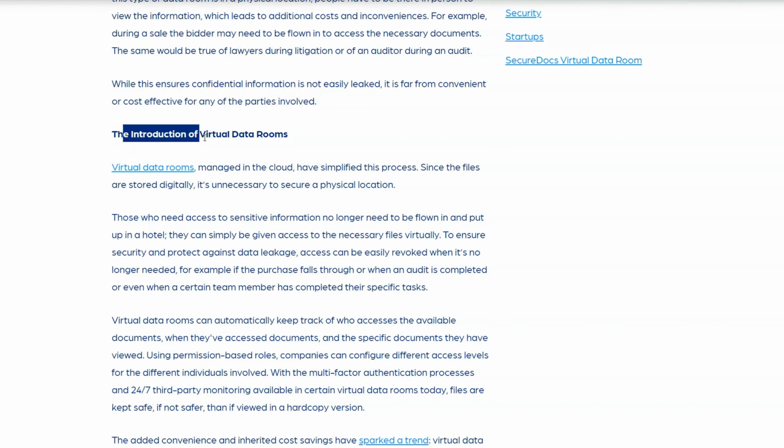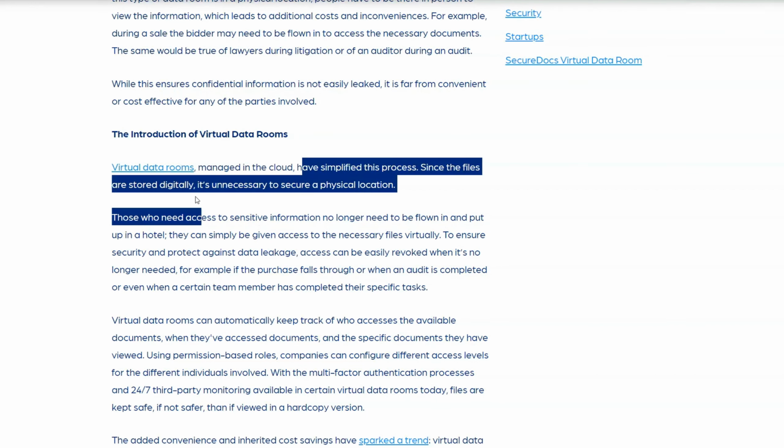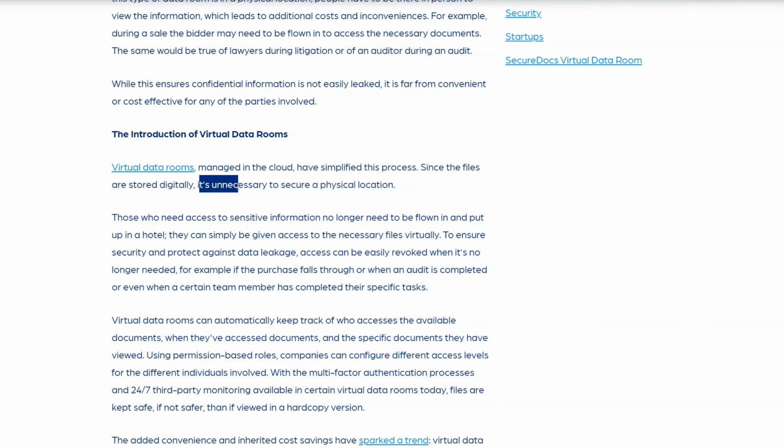The introduction of virtual data rooms managed in the cloud has simplified this process, since the files are stored digitally. It is unnecessary to secure a physical location.